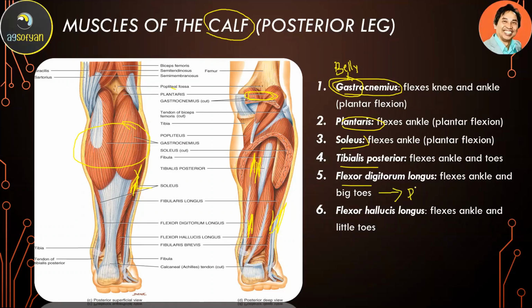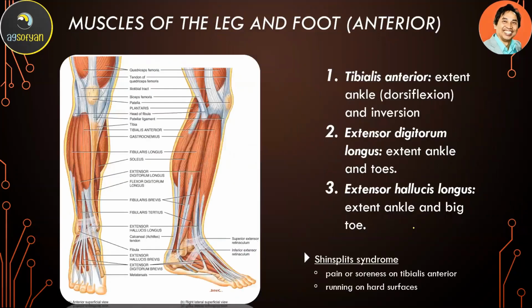Mostly it's called plantar flexion because the foot is going down. The same thing with the flexor hallucis, which is usually for the big toe and little toe. This also performs plantar flexion.